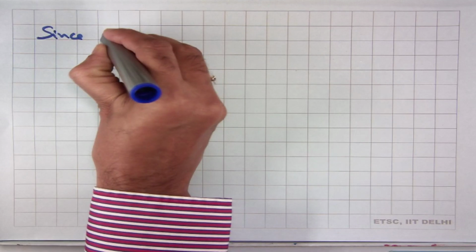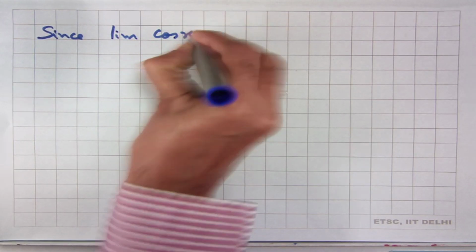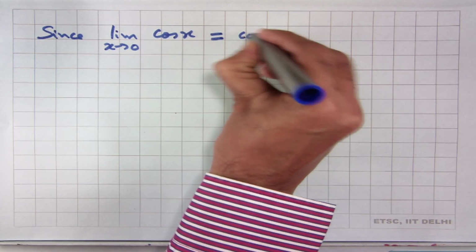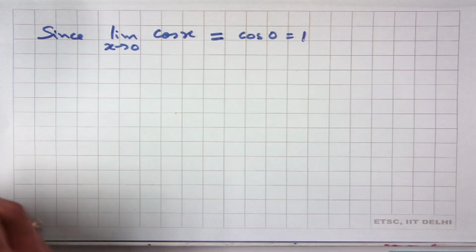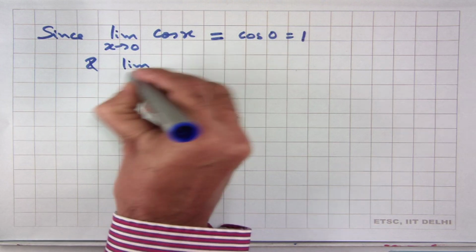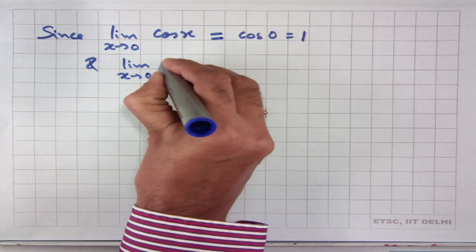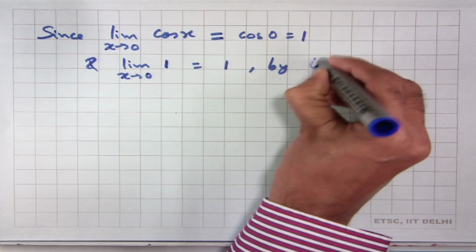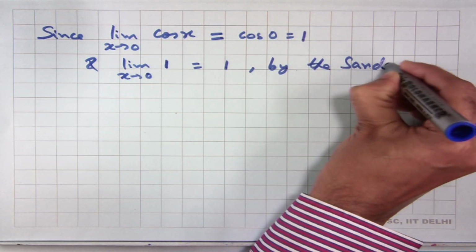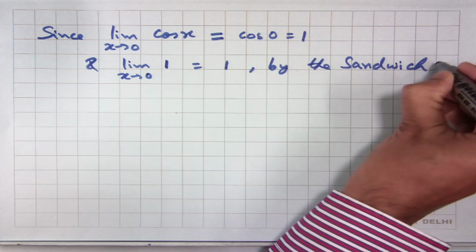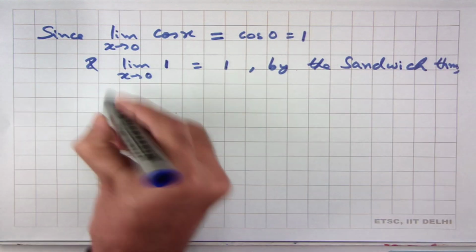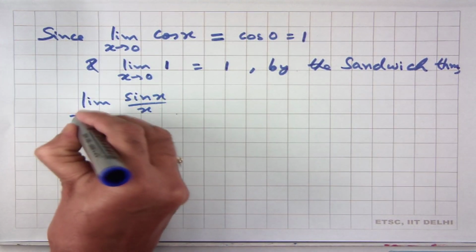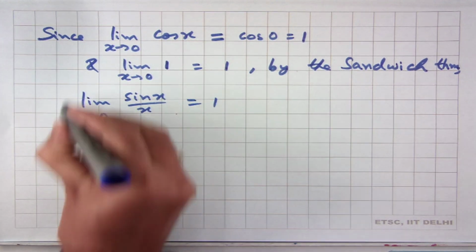Since the limit of cos x as x approaches 0 is simply cos of 0, which is 1, and of course, the limit of the constant function 1 is equal to 1, by the sandwich theorem the limit of sin x by x as x approaches 0 is also equal to 1.